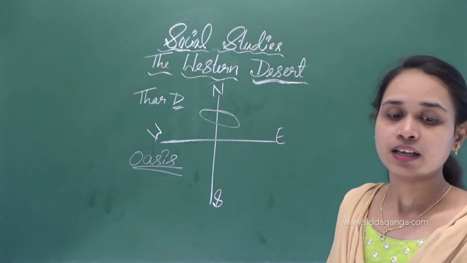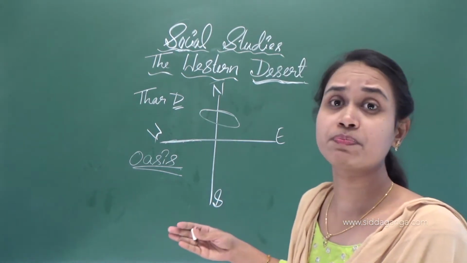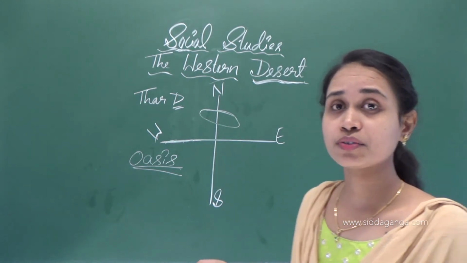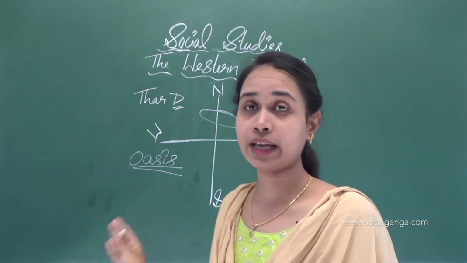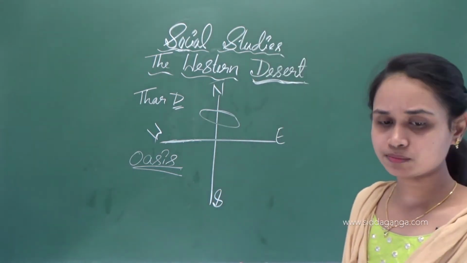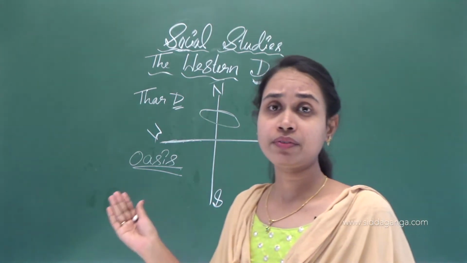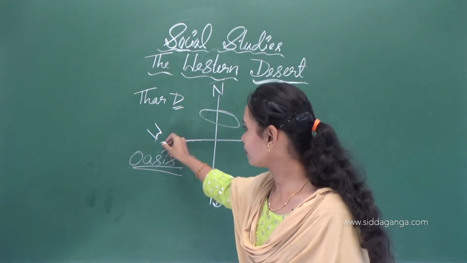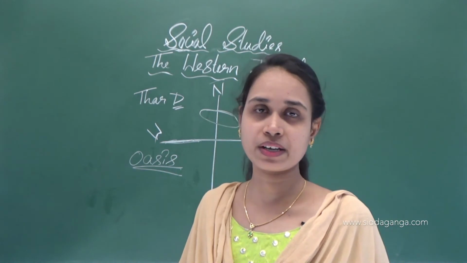The Satluj river has been brought to the desert, so the Satluj brought water to the desert area. And what happened when we brought water? They will get water.